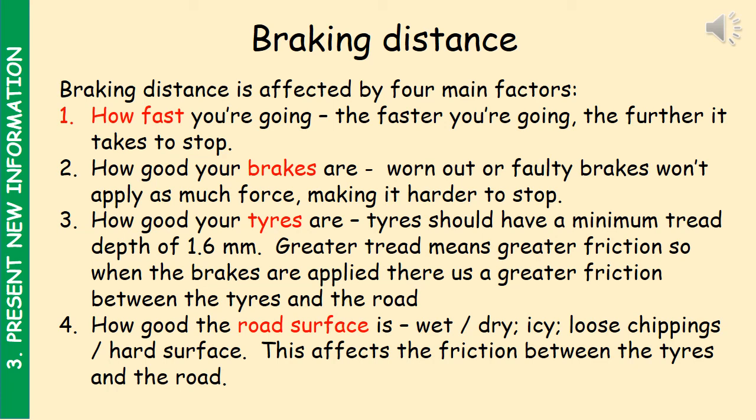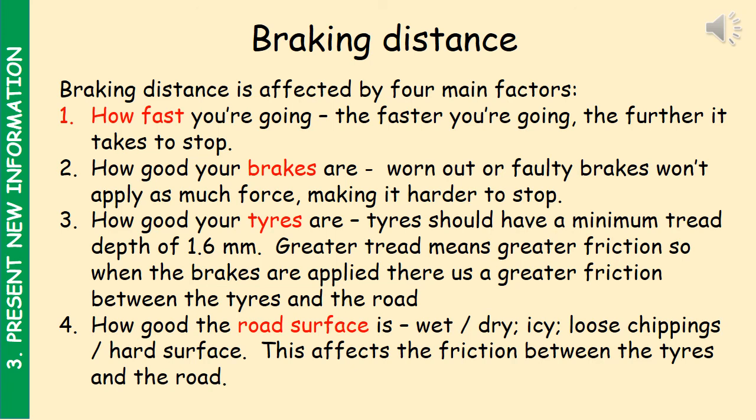How good your tyres are, that's your third one. Well, tyres should have a minimum tread depth of 1.6 millimeters. Don't have to know that, but you do as a driver. The greater tread means greater friction. So when the brakes are applied, there is a greater friction between the tyres and the road to bring the vehicle to a halt.